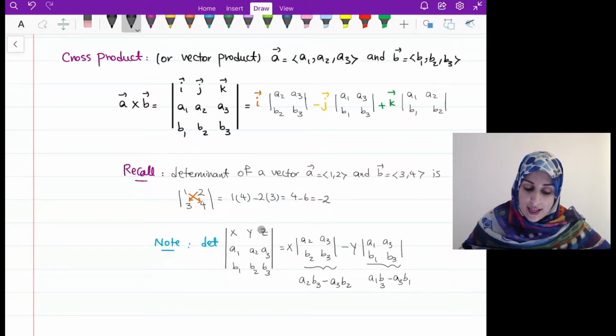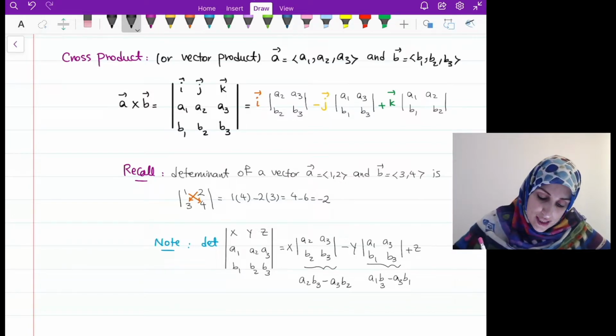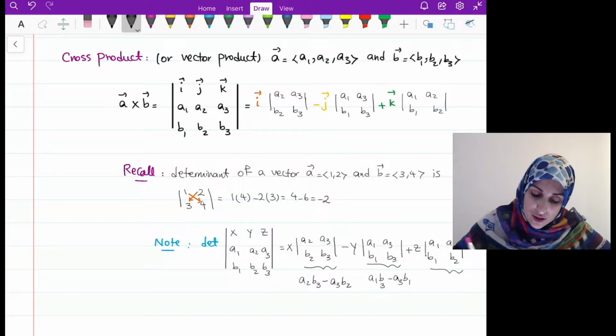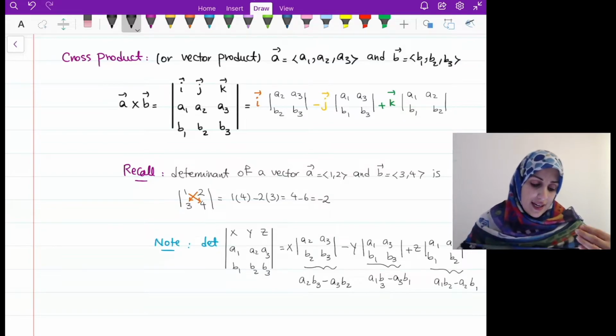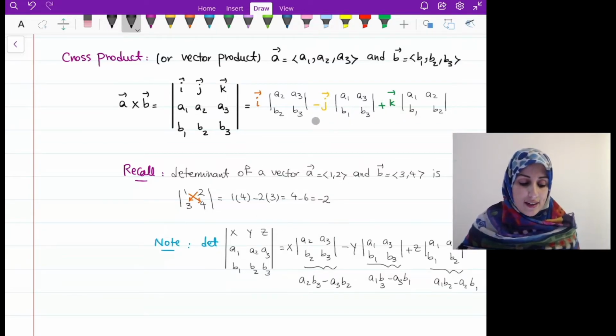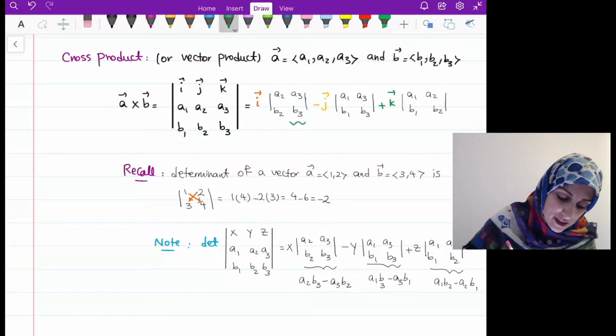And then the last one would be plus Z. Removing the row and column containing Z, I'm left with A1, A2, B1, B2, so this one would be A1B2 minus A2B1. And this is the same idea as in the cross product, so I have A2B3 minus A3B2.